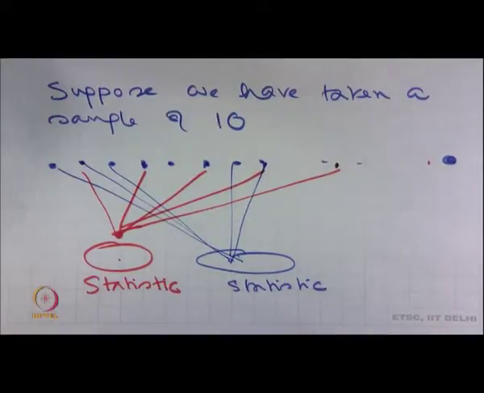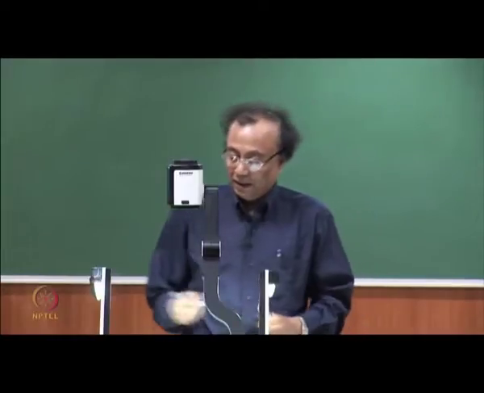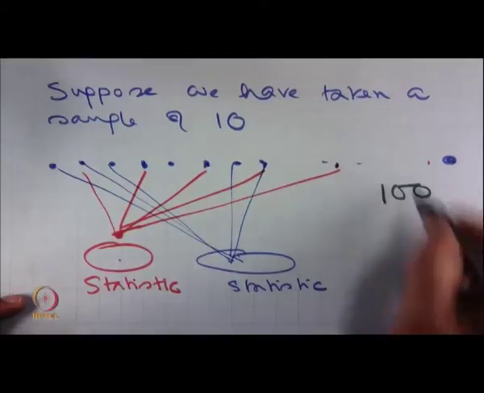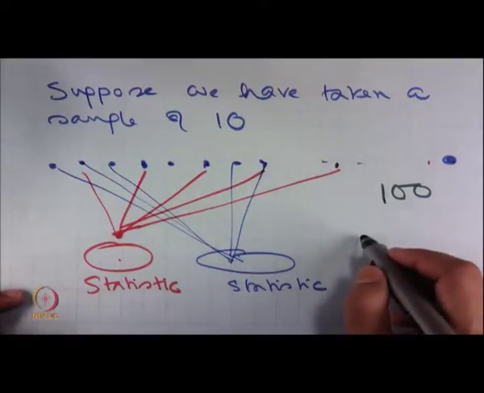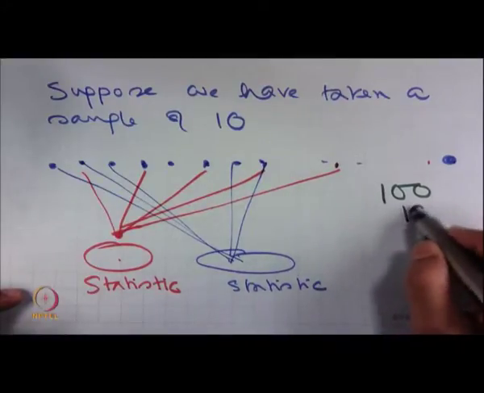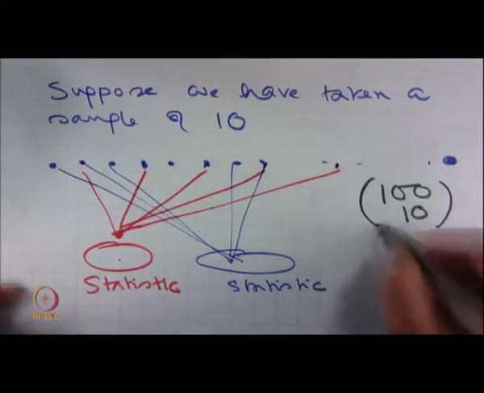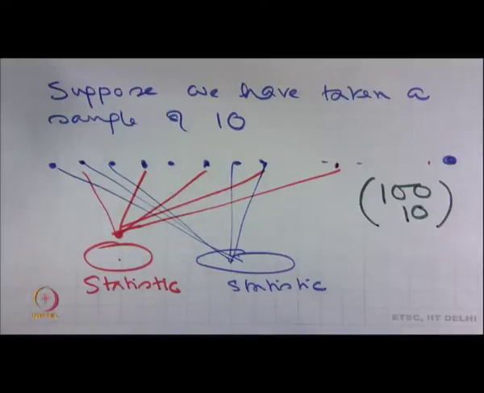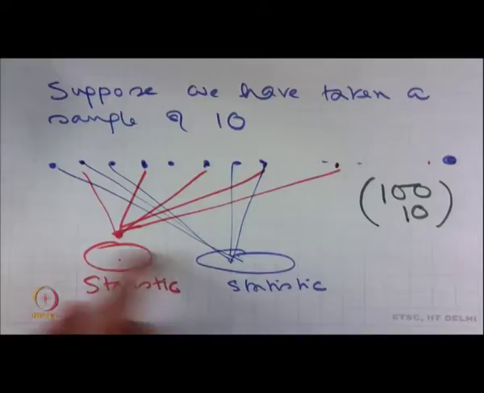It is clear that if there are 100 students and I take 10 out of it, then I can get 100 C10 so many different samples. Each one of them will produce a statistic.